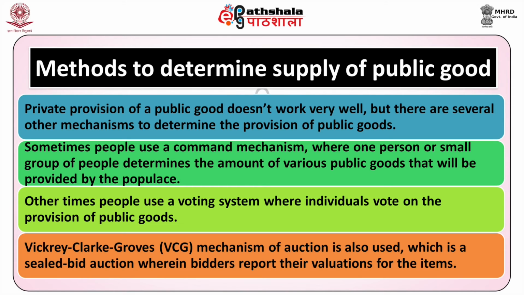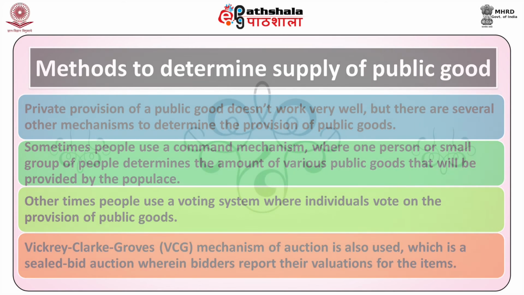Other times people use a voting system where individuals vote on the provision of public goods. Besides this, the Vickrey-Clarke-Groves, that is VCG, mechanism of auction is also used, which is a sealed bid auction wherein bidders report their valuations for the items.